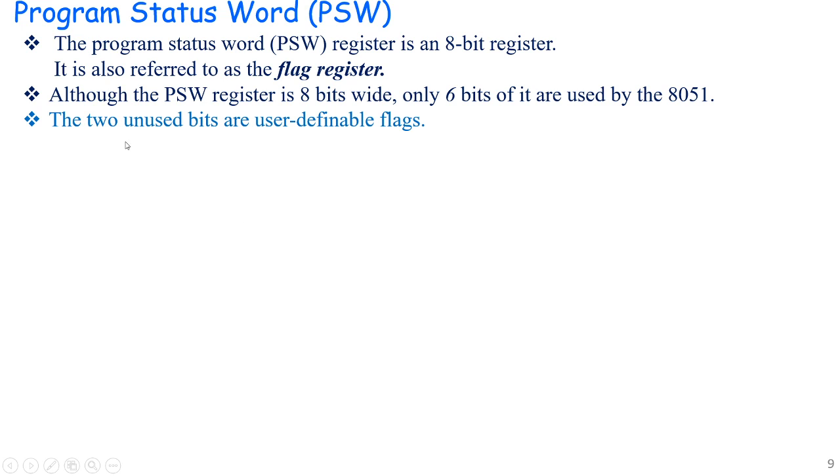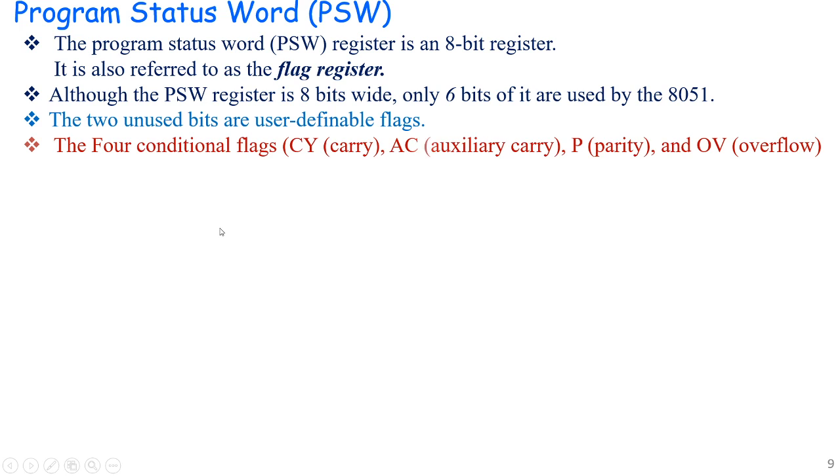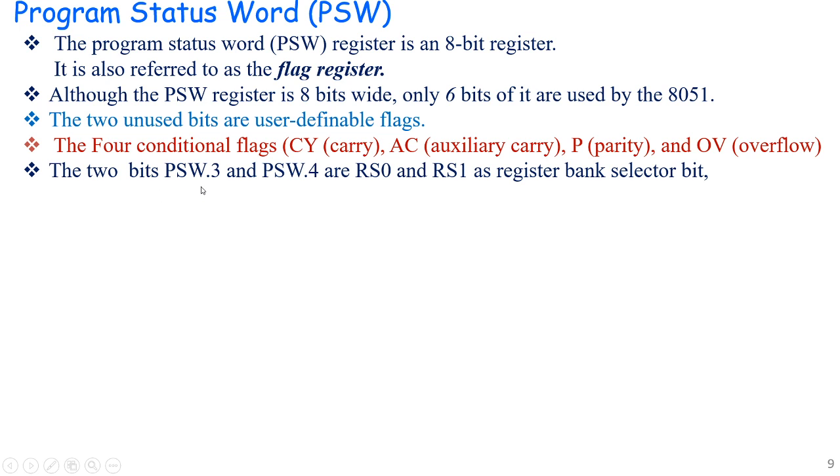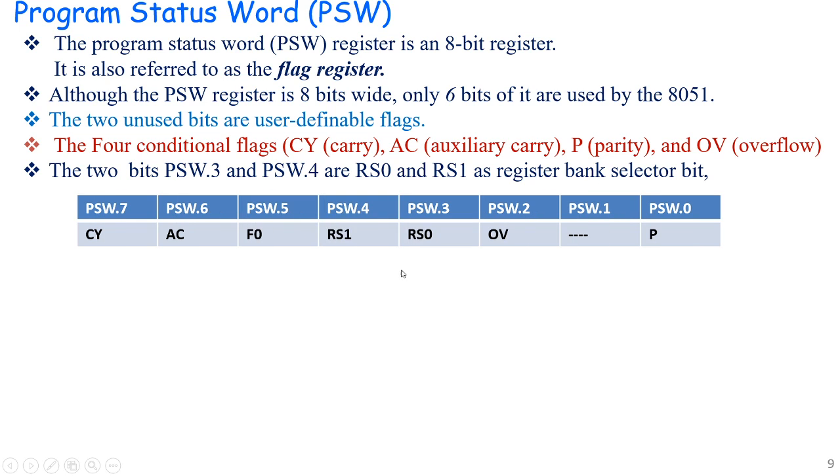The 2 unused bits are user definable flags. The 4 conditional flags are the carry flag, auxiliary carry flag, parity flag and overflow flag, and 2 bits, PSW3 and PSW4, are used for register bank select, that is RS0, RS1 as register bank select bits.